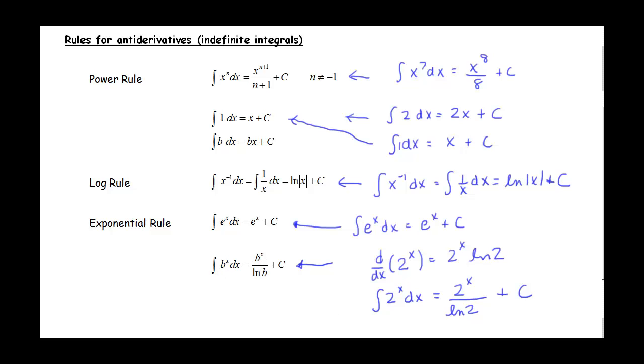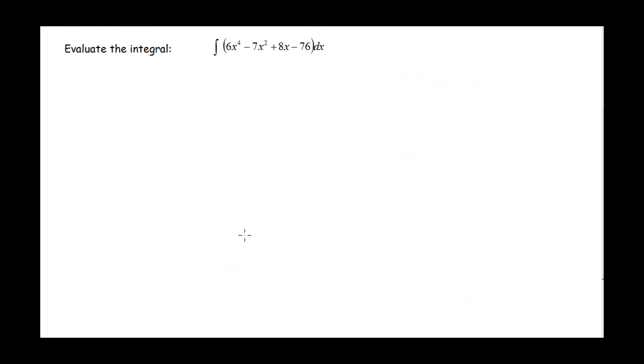So if we have b to the x, we're going to have b to the x over that natural log of b plus c. In the derivative it's multiplied, so in the antiderivative it has to be divided.